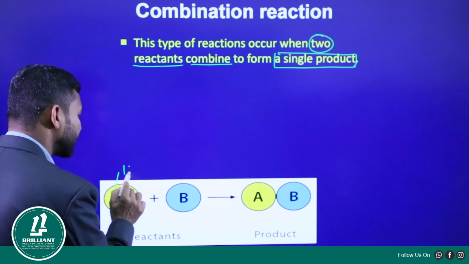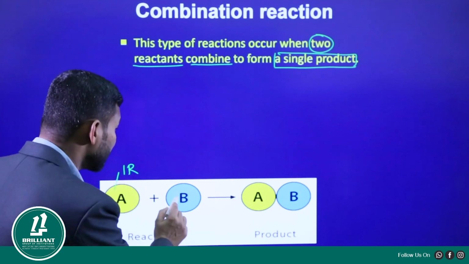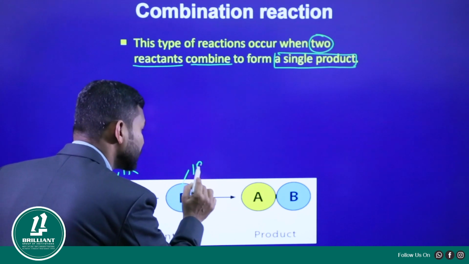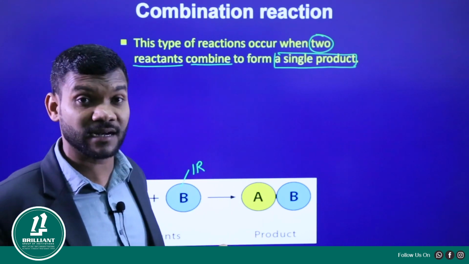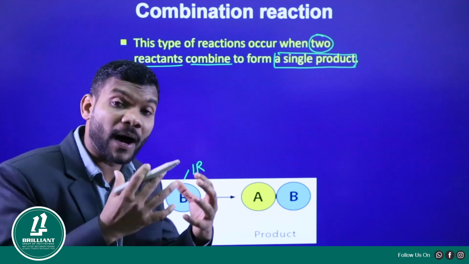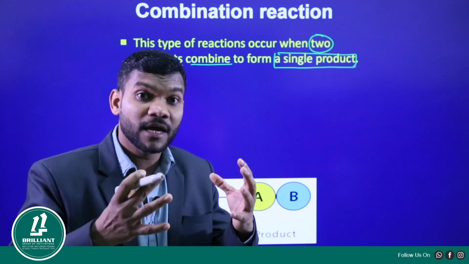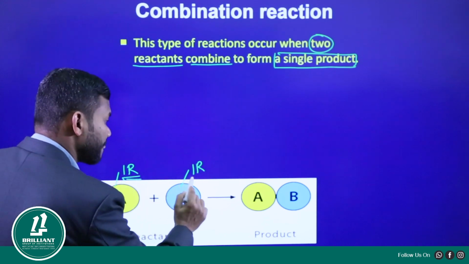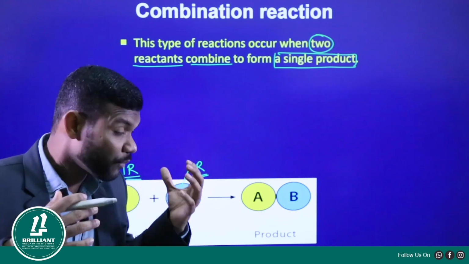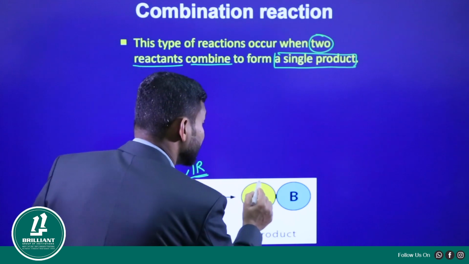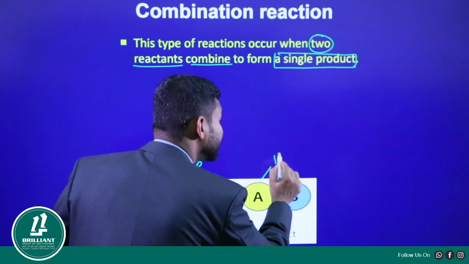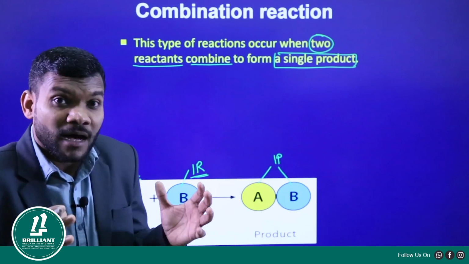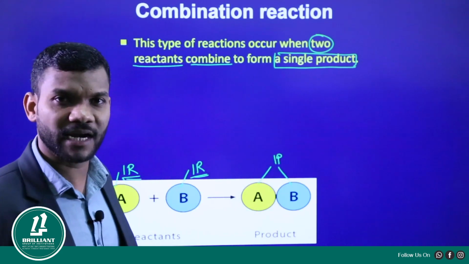A is a single reactant, B is a single reactant. What is a reactant? We discussed it in the last class. A reactant is a substance that takes part in a chemical reaction. Here A is a reactant, B is a reactant, and we are going to get a single product. What is a product? The substance formed during a chemical reaction.